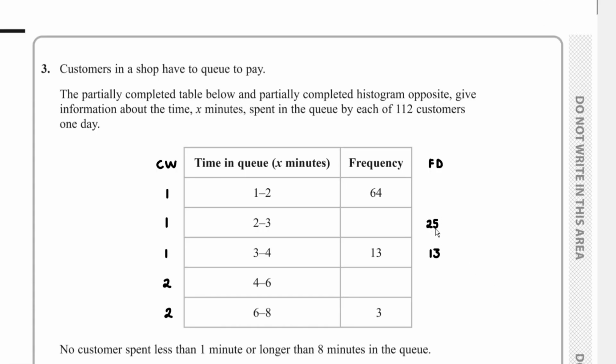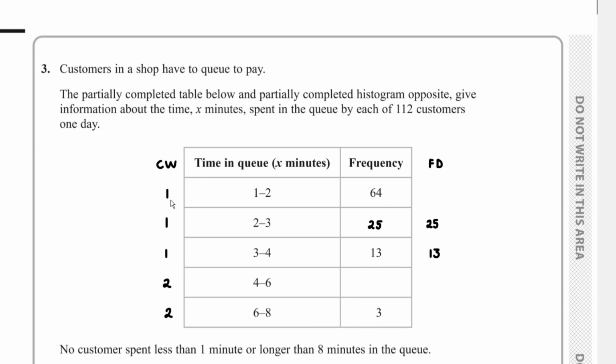So we can add that to the table shown here. And if we know the frequency density is 25, the class width is 1, that means the frequency will be 1 multiplied by 25, which is 25.